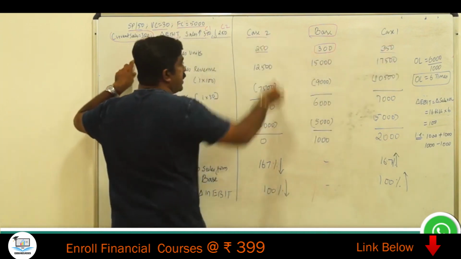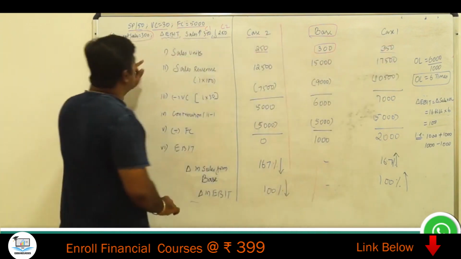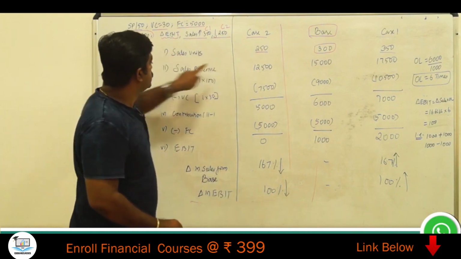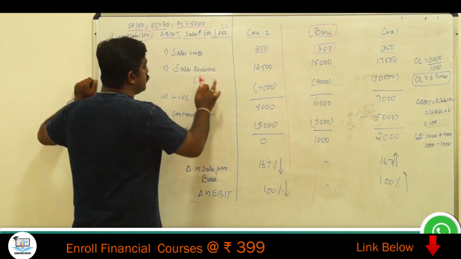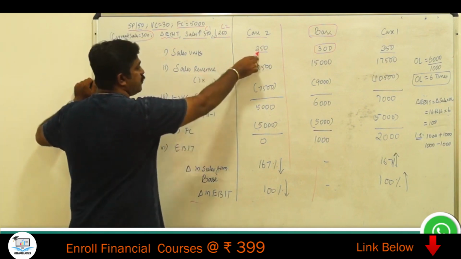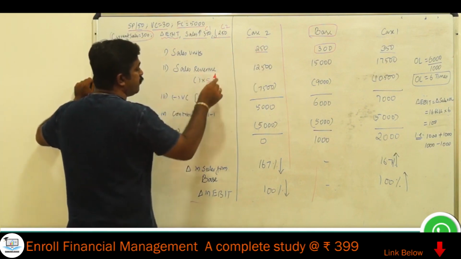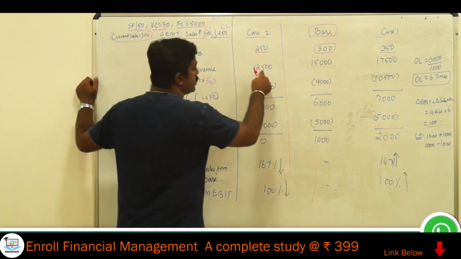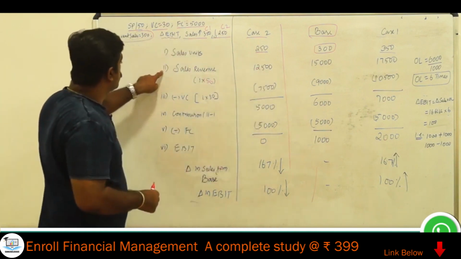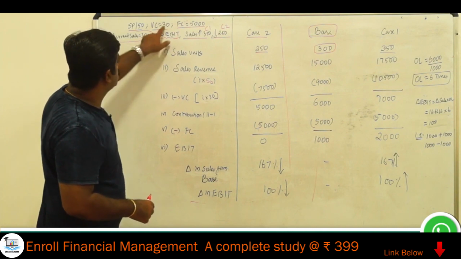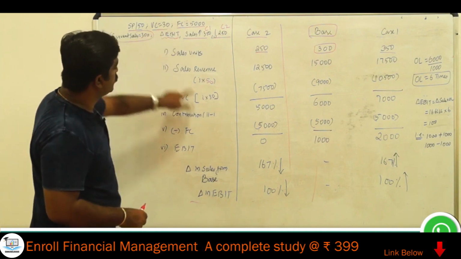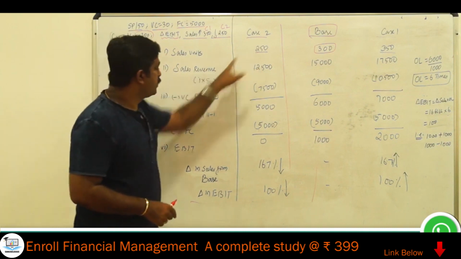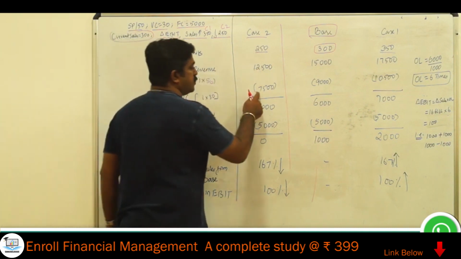Now let us analyze case 2 only. Sales units are 250. Sales revenue. What is the selling price? It is 50, right? So 250 units multiplied by 50, 12,500 is your sales revenue. From that you have to deduct variable cost. Variable cost is 30, so sales units multiplied by 30. 250 into 30, it is 7,500.